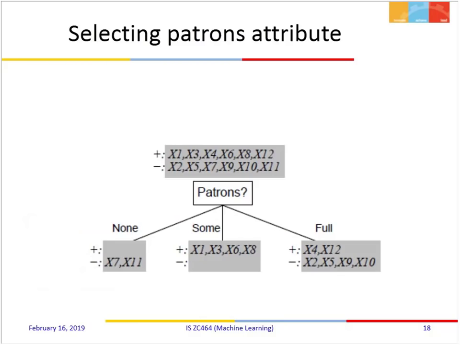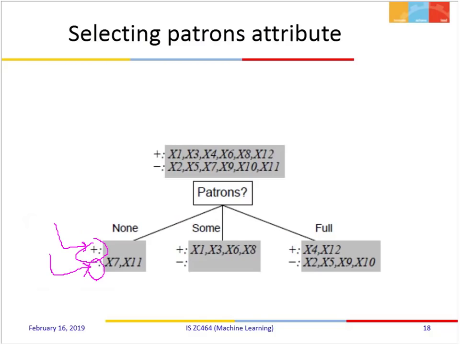One is based on the none value, another on some value, and one on full value. Here there are certain notations we have used: one is plus, another is minus. This plus and minus correspond to the label of the class, or the decision.